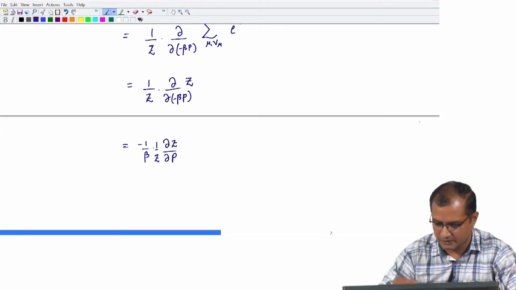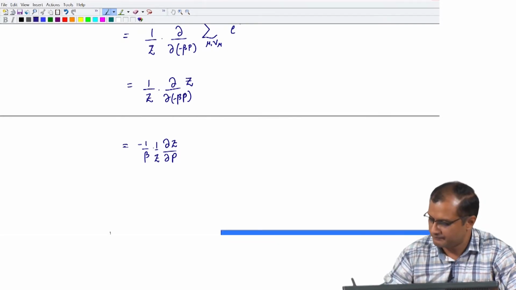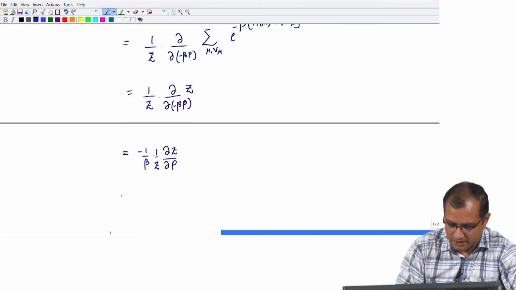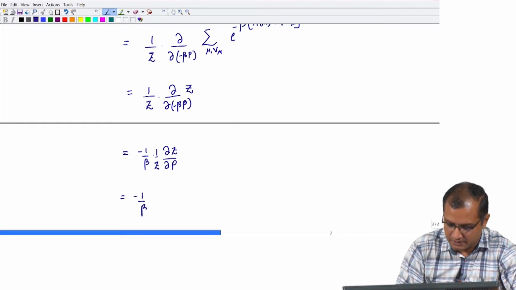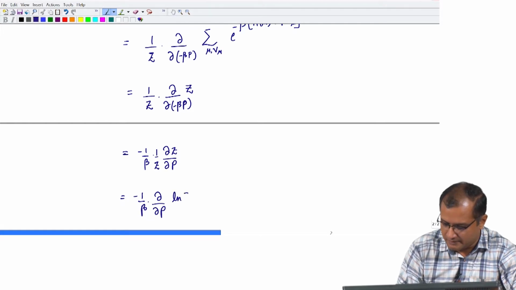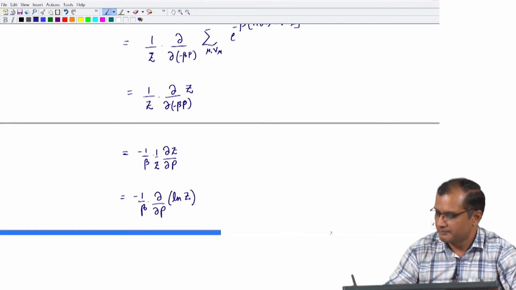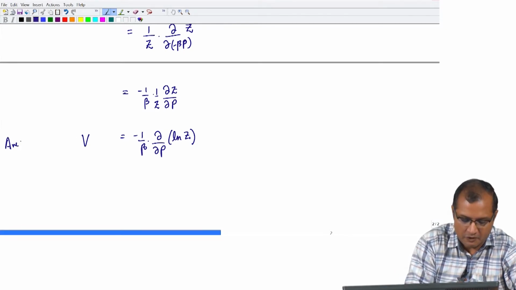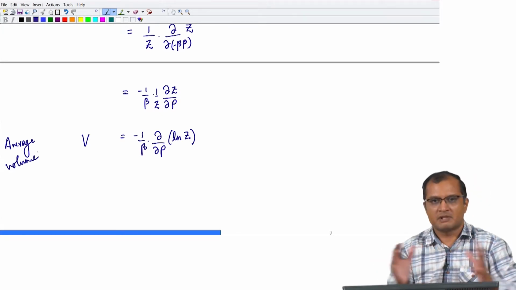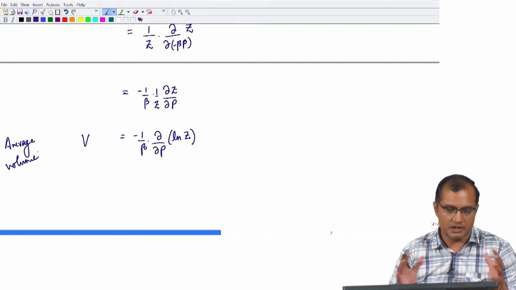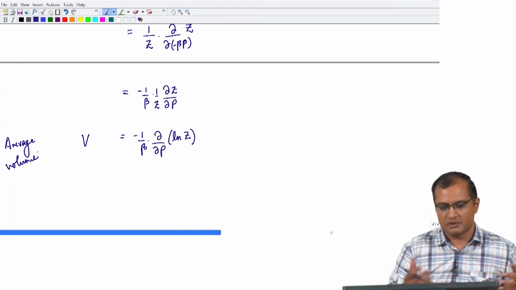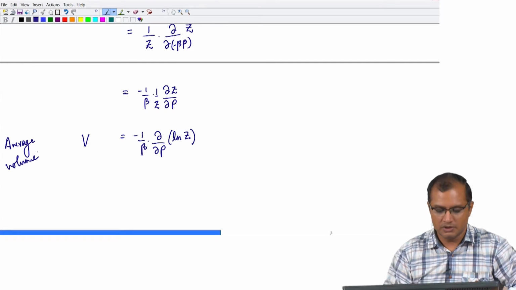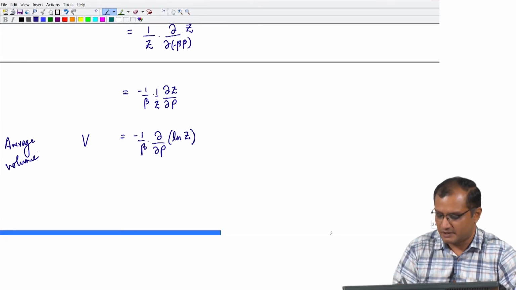Everywhere I have to use a capital P. So, this is nothing but minus 1 over beta d by dP of ln Z. So, this is the average volume or the thermodynamic volume of your system. The system is fluctuating in its volume, but it has some average volume. So, this is the thermodynamic average volume that is computed in terms of the partition function.